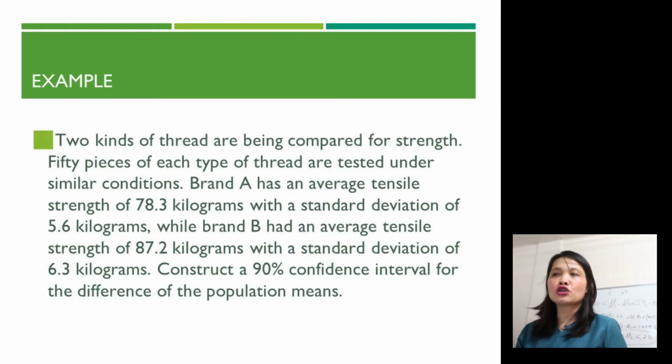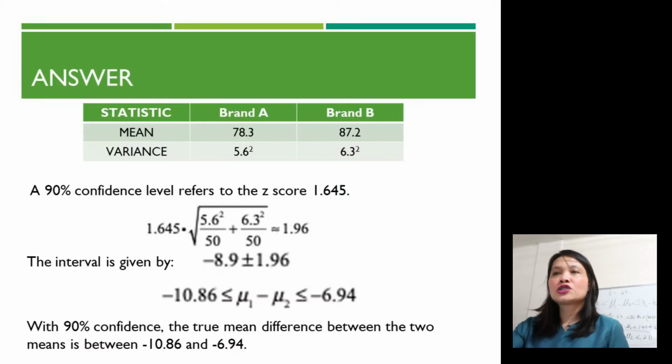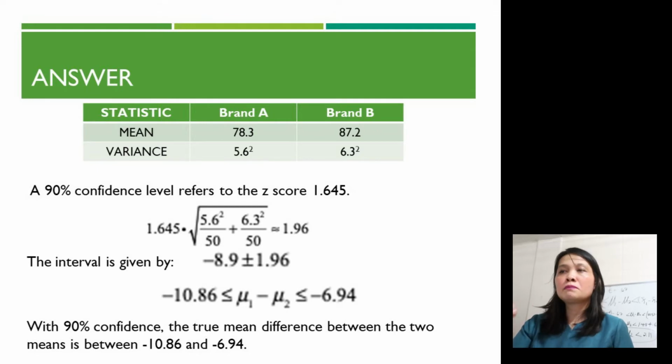Construct a 90% confidence interval for the difference of population means.